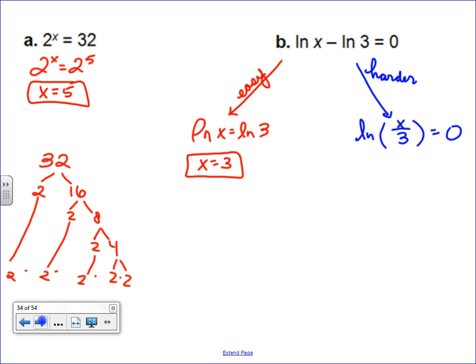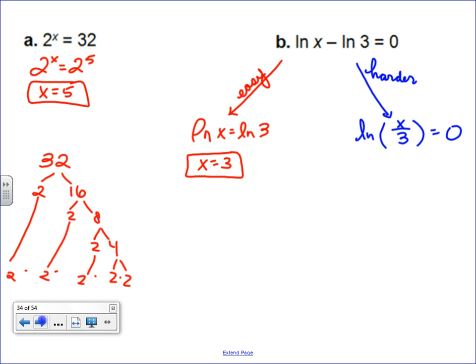I can't go that way. Remember, if I have a quotient, it goes to subtraction, or subtraction goes to quotient. But I agree that you need to do something with the ln, but I can't distribute him. I would love to undo him, though.